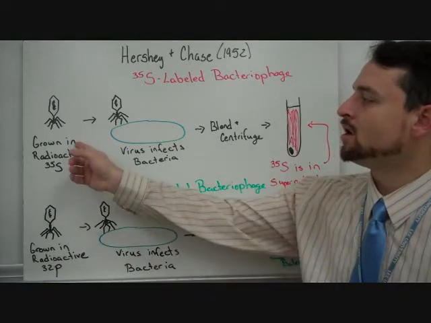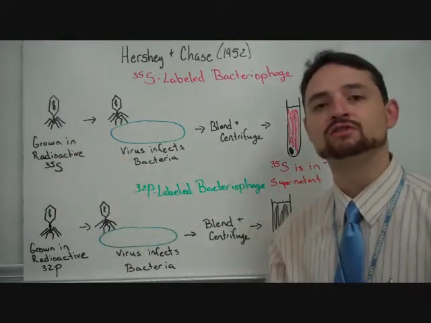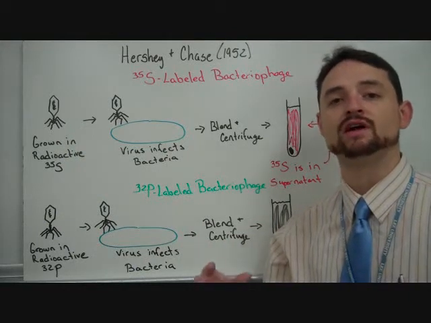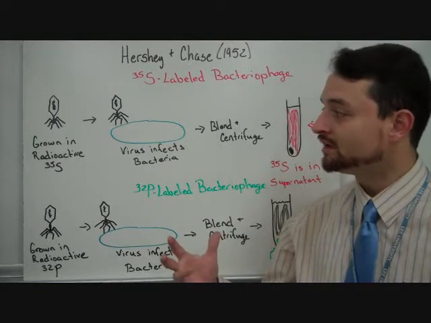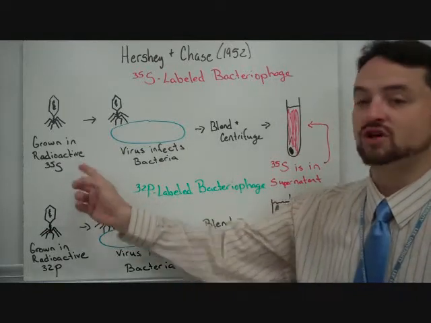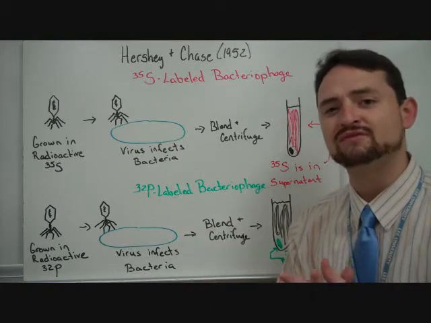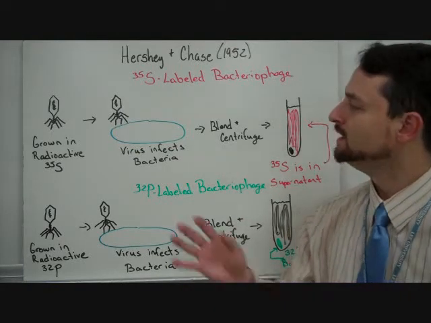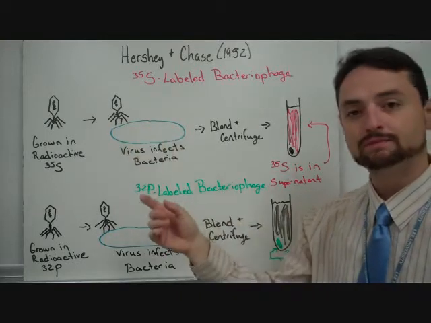So they grow this bacteriophage in radioactive sulfur. The reason is because sulfur is a very major part of proteins. So if there's radioactive sulfur where they're being grown, then the proteins will be radioactive, but the DNA for the most part is not going to be affected. Then they allowed that bacteriophage to infect bacteria.